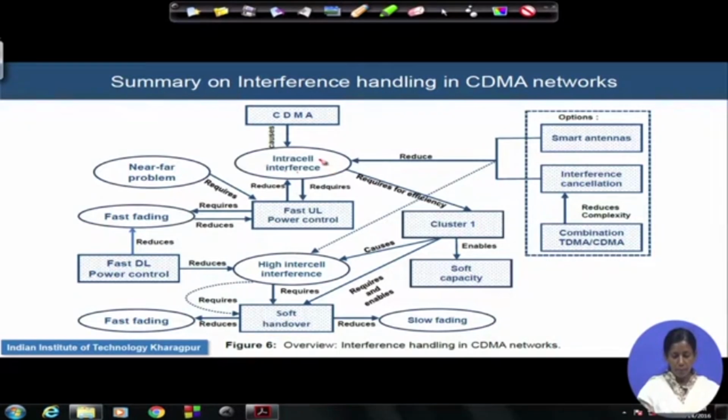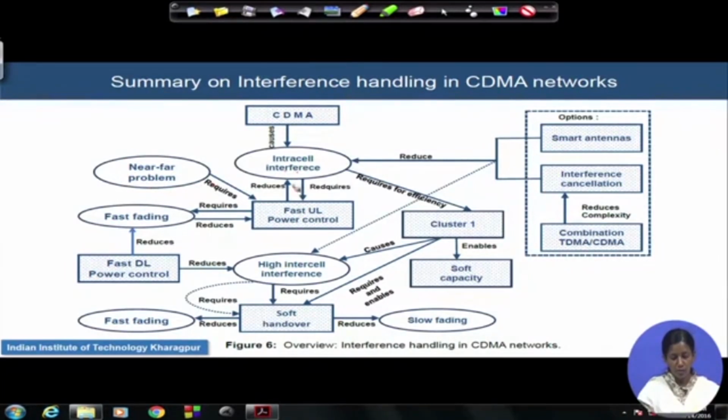And once this kind of interference is there, it requires fast uplink power control, and if I can do the power control, it can reduce the intercell interference. Intercell interference also requires, for efficiency, the cluster 1 kind of network deployment, and if you have a fast uplink power control, I told you that the near-far problem is also handled.